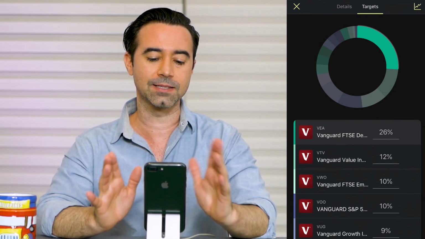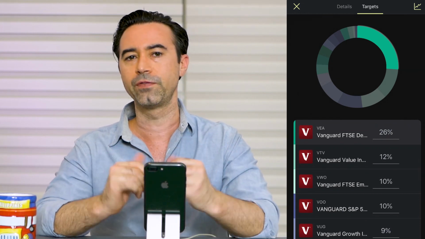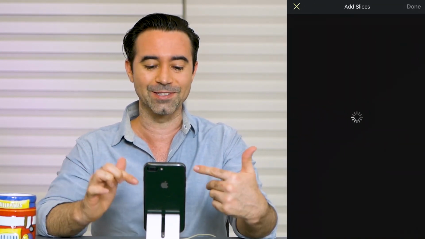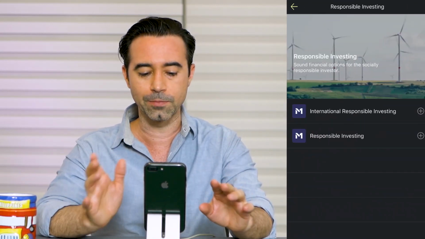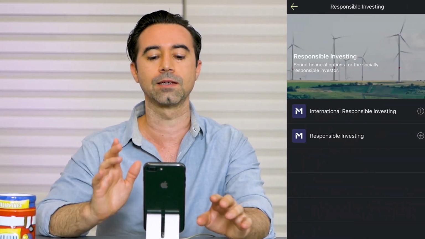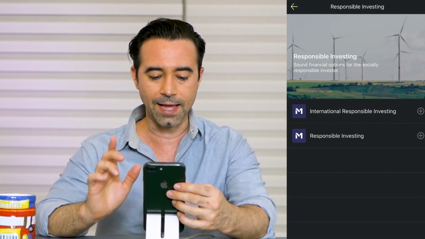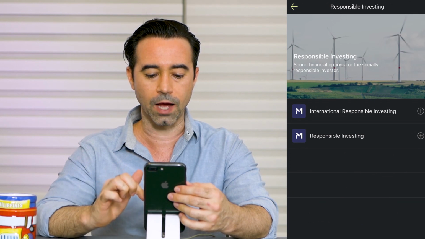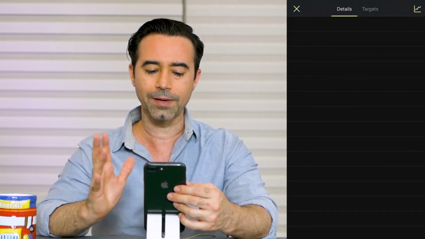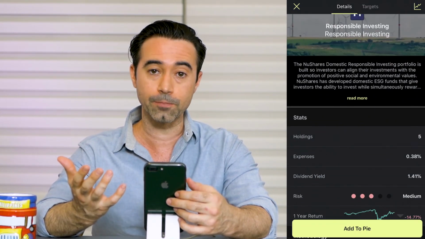Let's go to responsible investing. Just so you know, this is good to know. If you're interested in socially responsible investing, they do have this option here. It's a great thing. A lot of people really care about socially responsible investing. There's one drawback: if you take a look at responsible investing on the bottom, there's a little bit higher expense ratio. It's 0.38%.